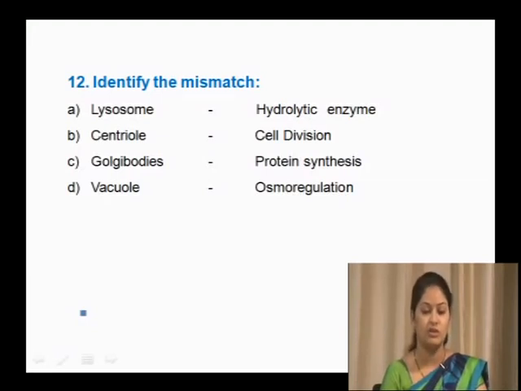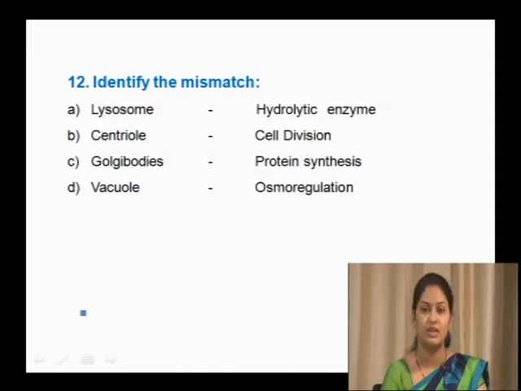C, Golgi body, it is indicated as protein synthesis. Now, protein synthesis exactly is not the function of Golgi bodies. Protein synthesis is directly associated with ribosomes or the rough endoplasmic reticulum which on its surface has the ribosomes. Golgi body has nothing to do with this particular function.